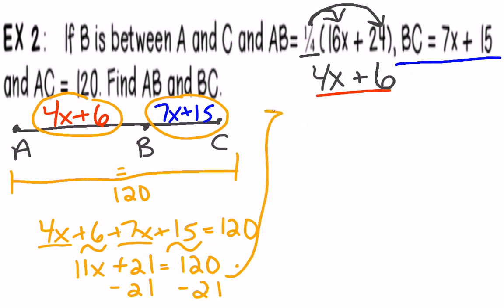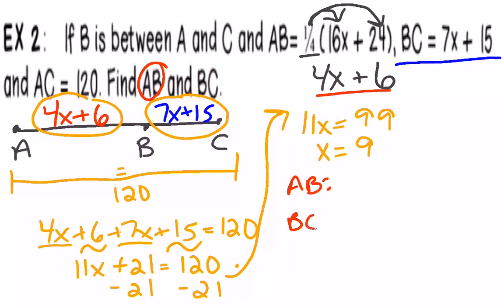So I'm going to bring that up here, so I get 11x equals 99, which means by dividing x equals 9. Is that what they asked for? Of course not. They asked for AB and BC. So AB, we're doing 4 times x, which is 9, plus 6. So 4 times 9 is 36, plus 6 is 42.